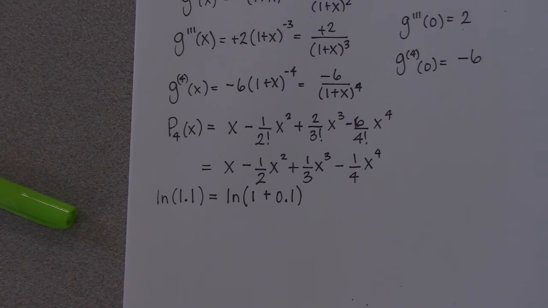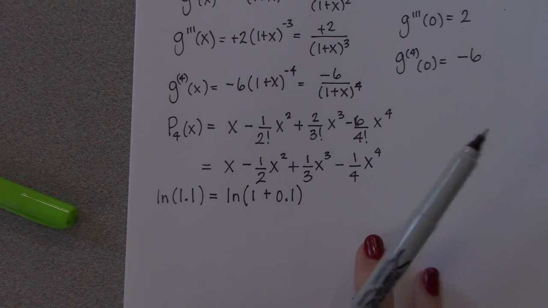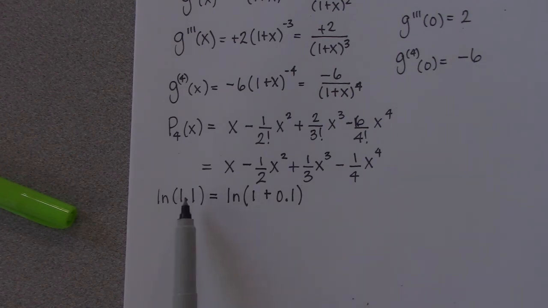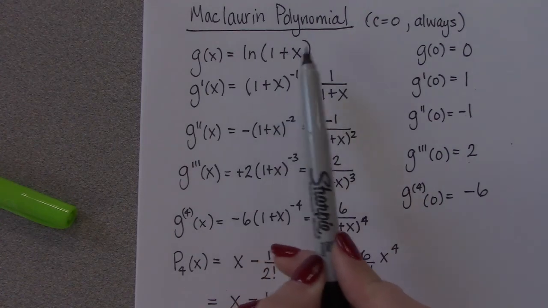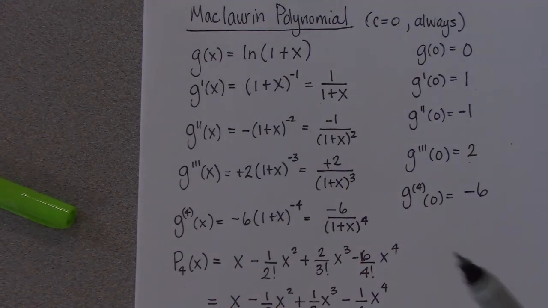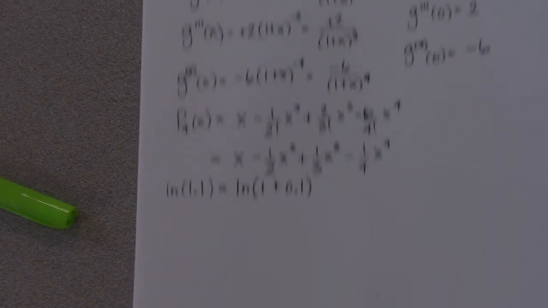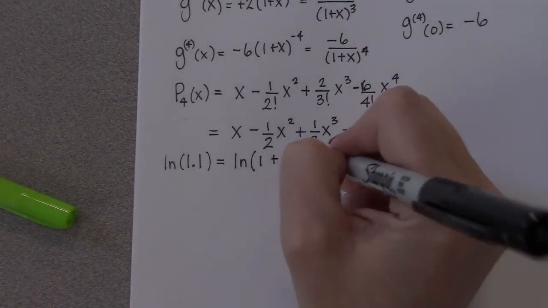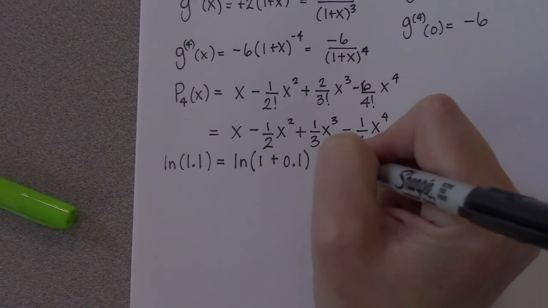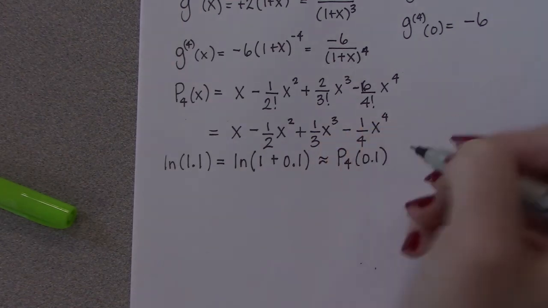0.1. So look at the original function, right? X was the variable. So our original function, if it were ln of x, I'd just plug in 1.1. But because our original function we built was 1 plus x, I really only need to plug in 0.1 into the polynomial. So this is our 1 plus x. So this is going to be approximately equal to P4 of 0.1.